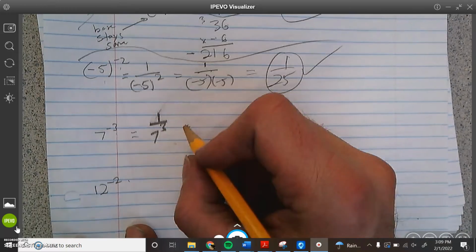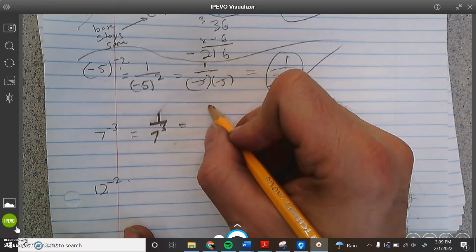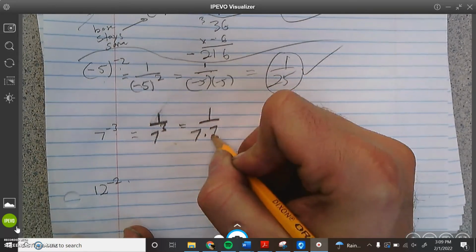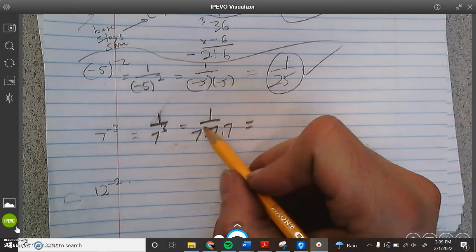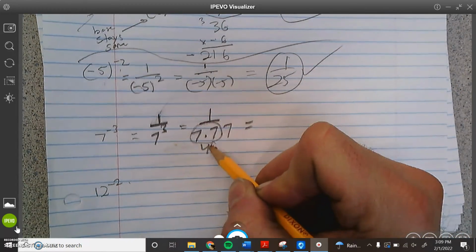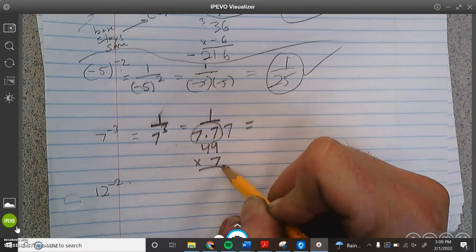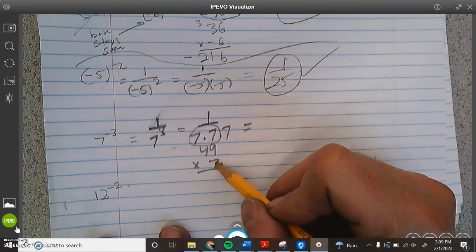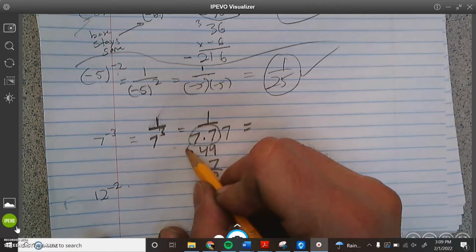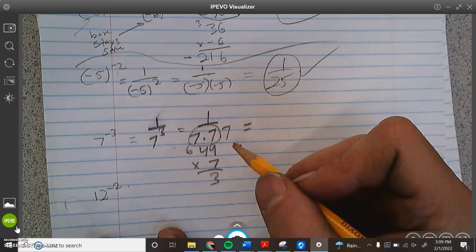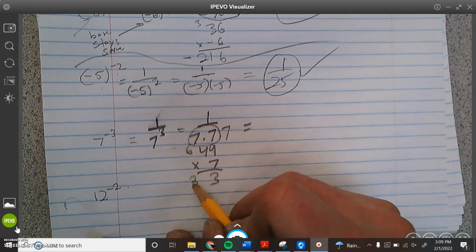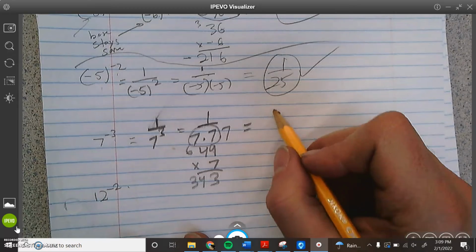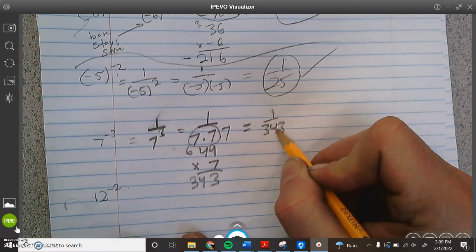There we go. So that's going to be 1 over 7 times 7 times 7. Well, I know 7 times 7 is 49, times another 7: 9 times 7 is 63, 7 times 4 is 28, plus 6 is 34. Nice. So it's 1 over 343.